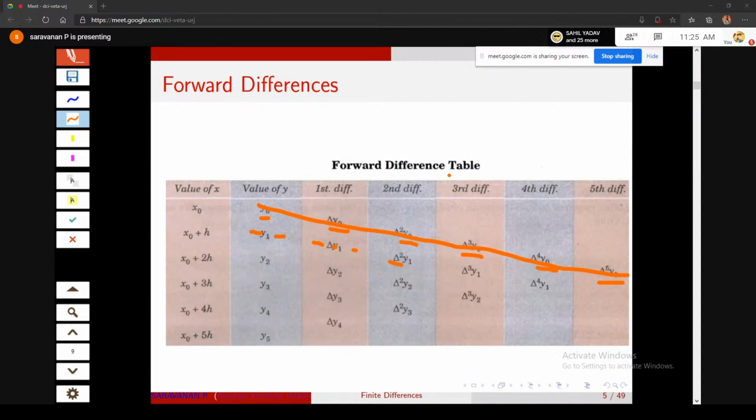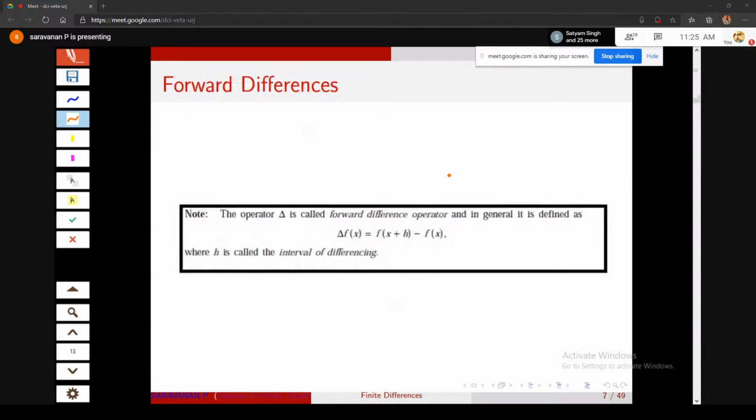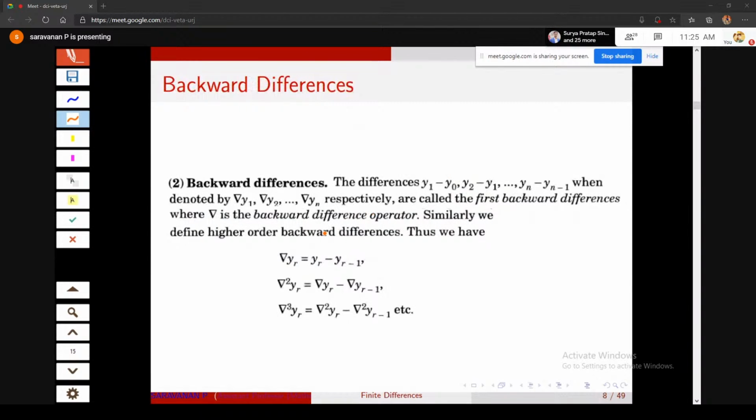Okay, next, backward difference operator. The backward difference operator is defined as same value minus previous value. That is del yr is same value, that is yr, minus previous value, that is yr minus 1. Similarly, we can define the higher order differences, del square, del cube, etc. So here actually I am using the first subscript.